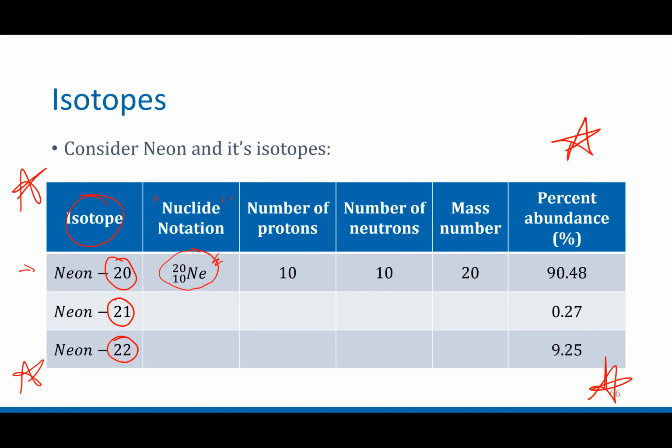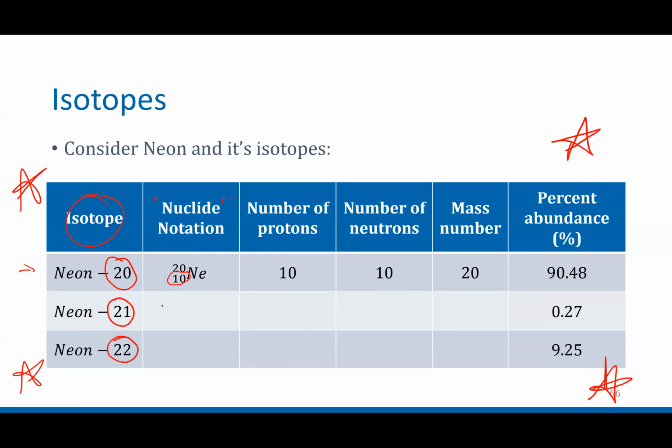And that gives us a lot of information. So I know that neon has mass number of 20 and 10 protons. If you guys don't know where that 10 comes from, it's because it's the number above neon on the periodic table.